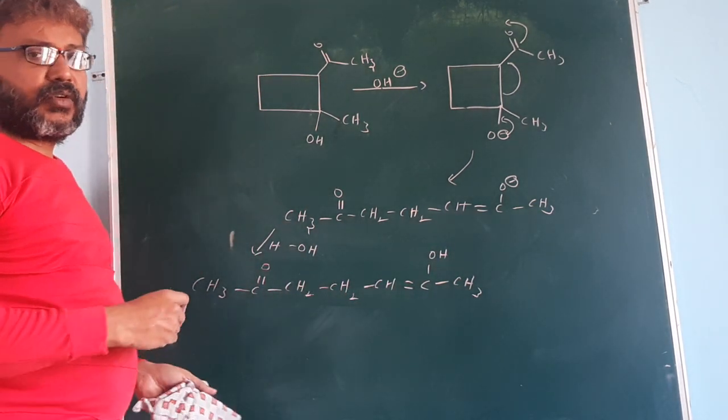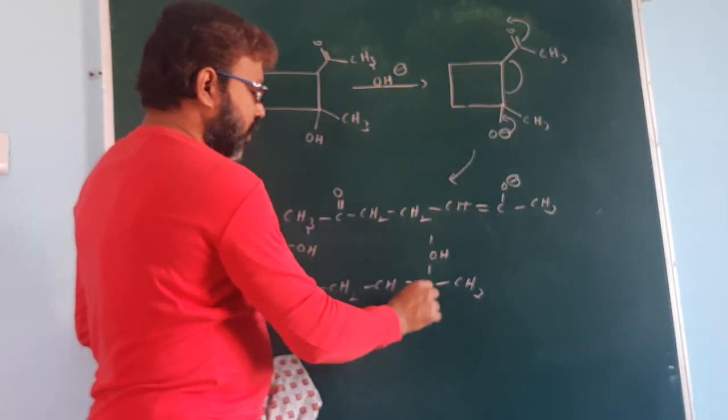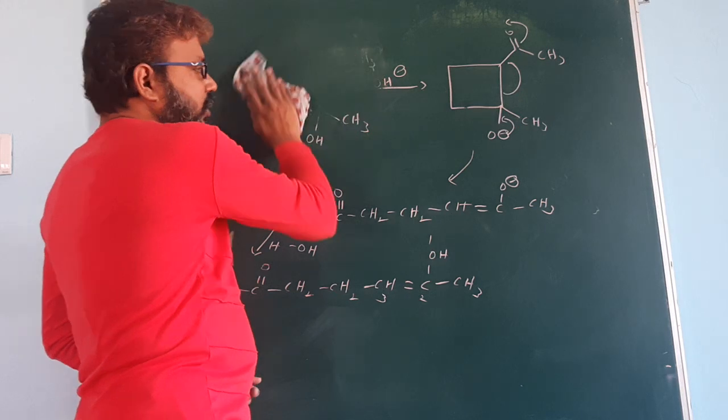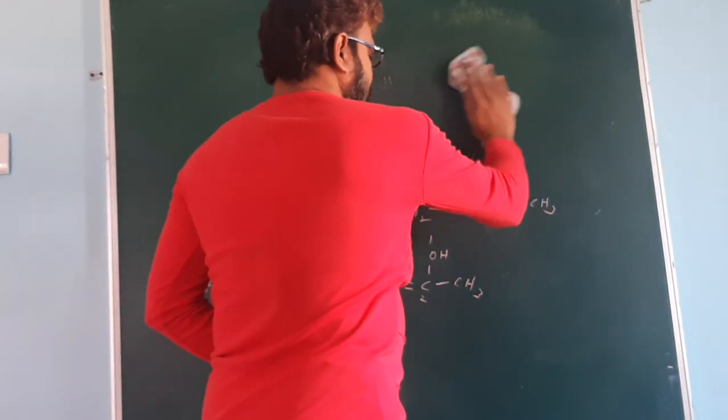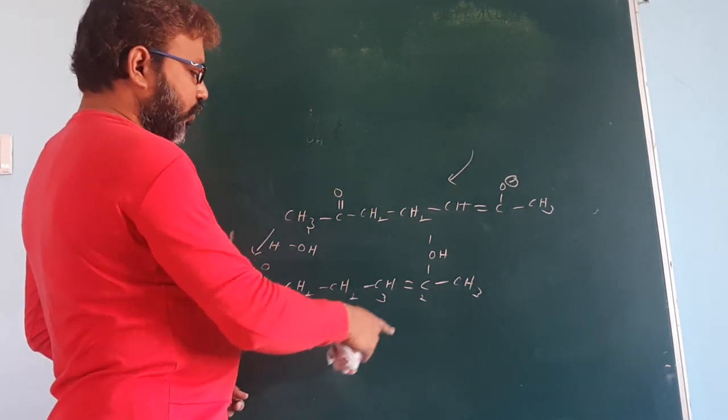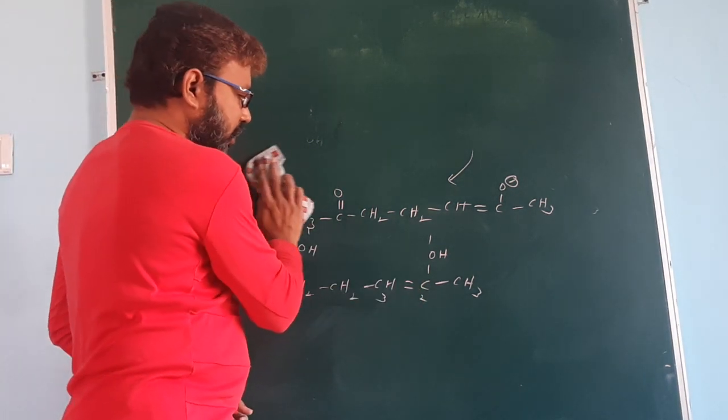It can exhibit keto-enol tautomerism. So keto form is more stable compared to enol form. Okay. In this case, keto form is more stable than enol form.